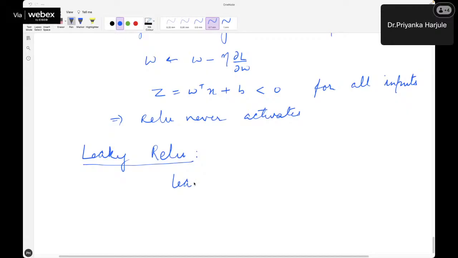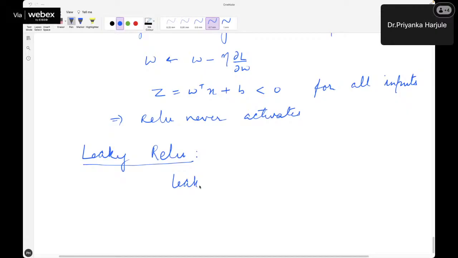So this is given by, the leaky ReLU is given by x, same as before for positive values, and for negative values the output is not equal to 0.